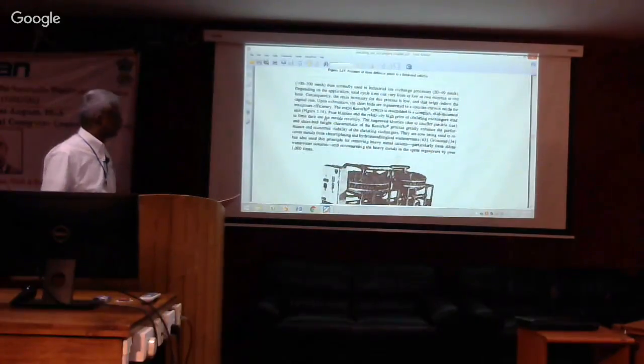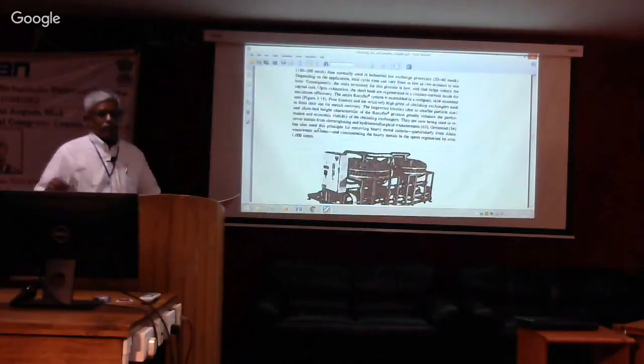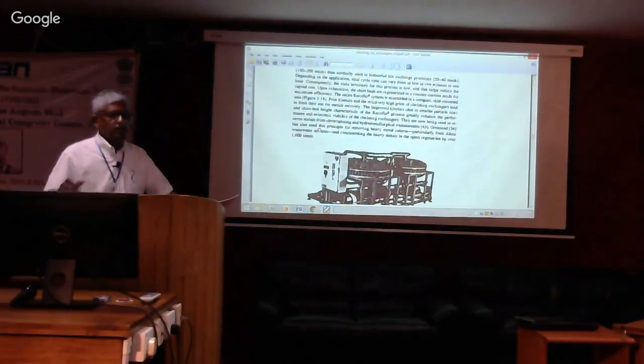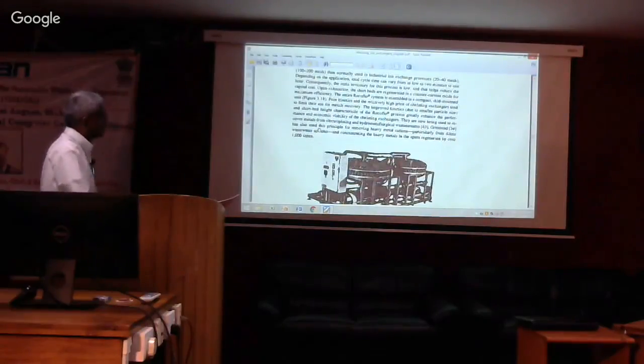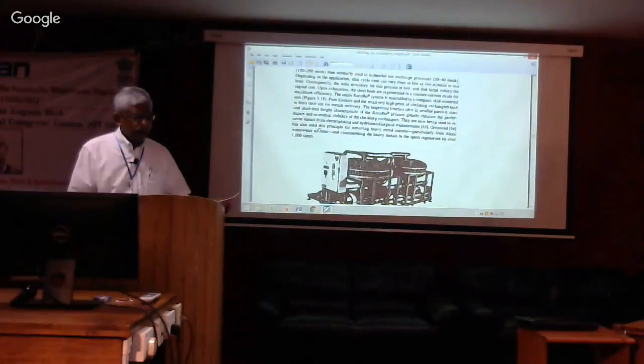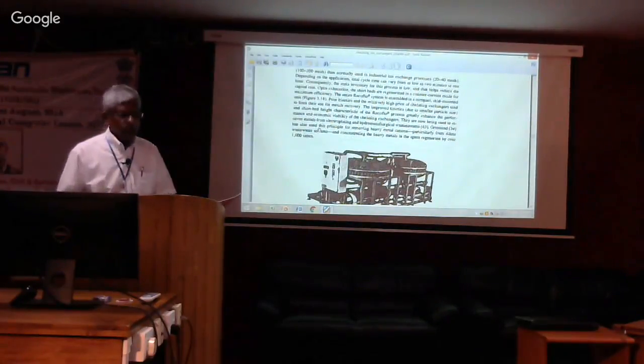What we get out of this kind of a reactor is much better kinetics, which gives us much better performance. Because, as you know, until now we've been talking of equilibrium, but kinetics also plays a role. If the kinetics is very poor, then the column efficiency is compromised.